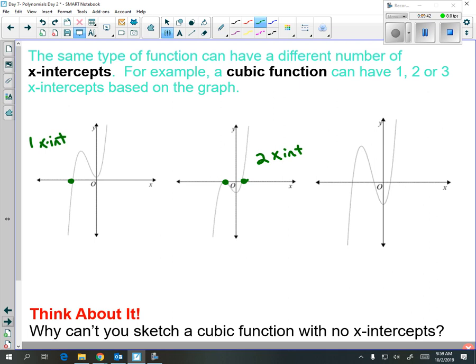And then the last one has 3 x-intercepts. Okay? And this is x cubed, which we know is a third degree. So like I said, sometimes try to rely on the number of turning points.